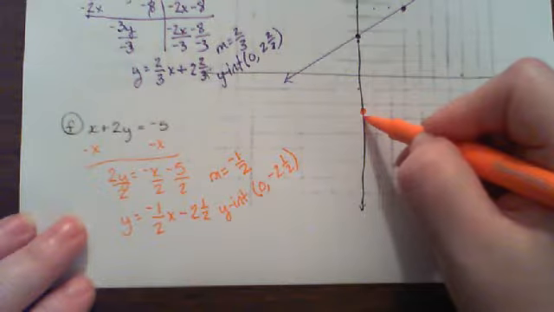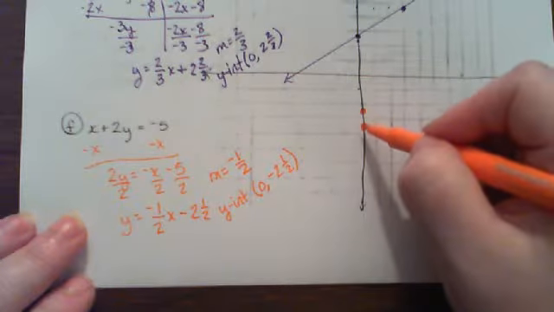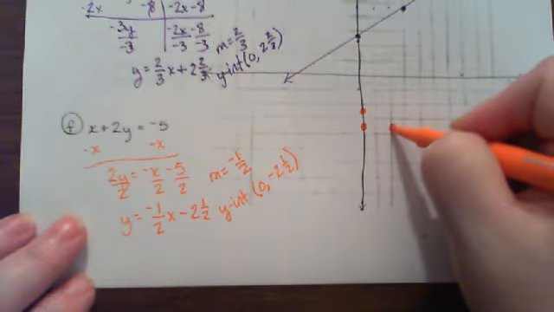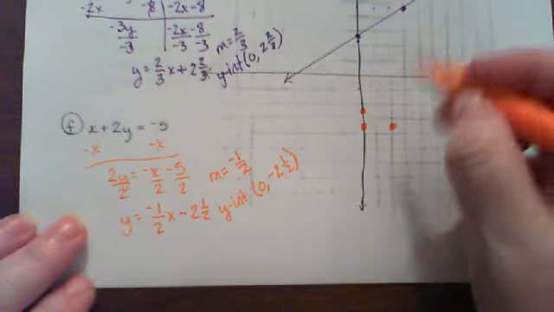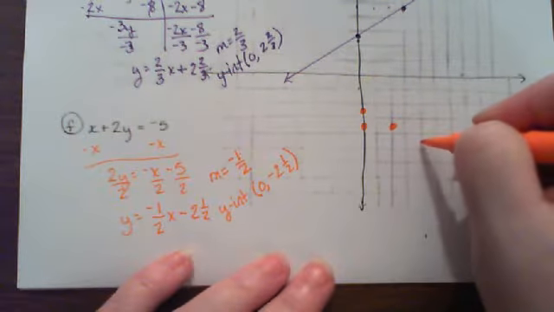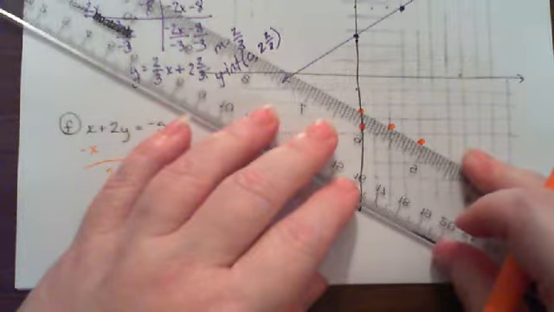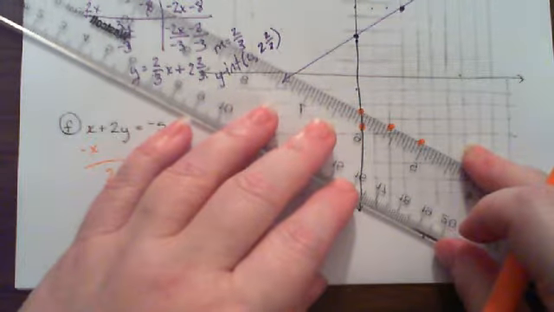Well, going down 1 isn't to that line. Remember, you're in a half. So I go down to that 1/2 and then over 2. That puts me here. Not supposed to have that dot. I just wanted you to see where I was headed. Down 1 and over 2. And then you can draw your line.